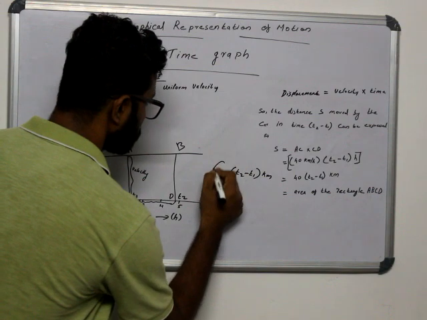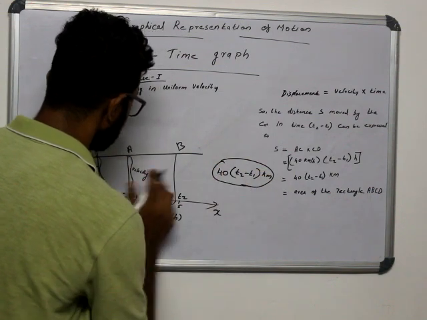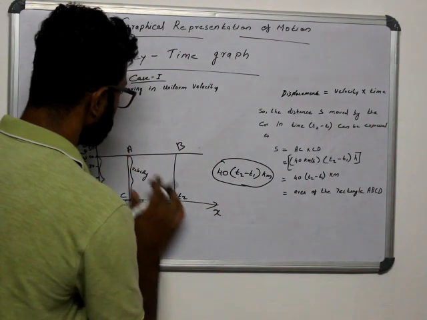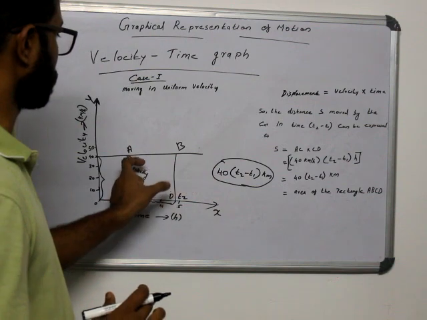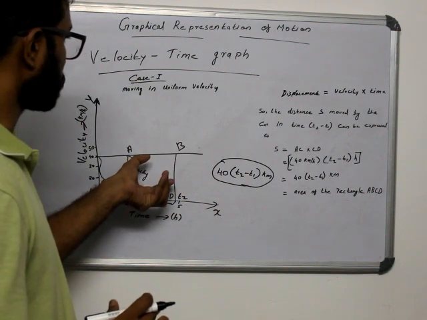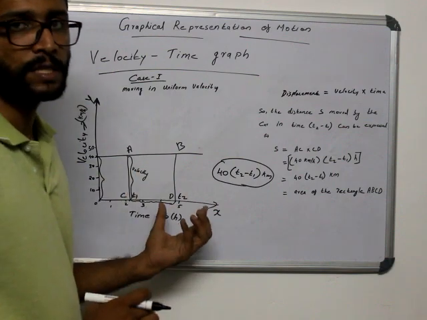So the area of this rectangle is the displacement. Okay, the area of ABCD can be taken as the displacement.